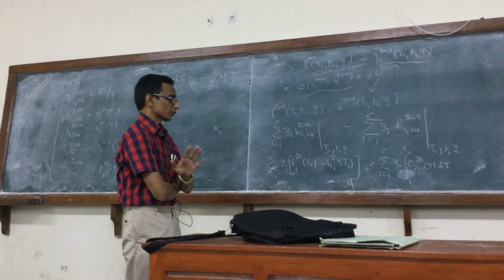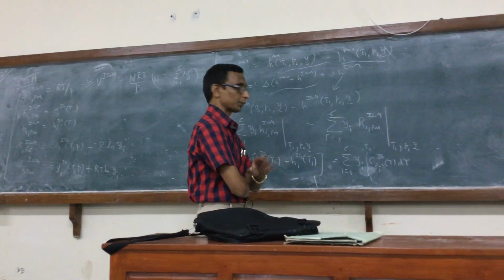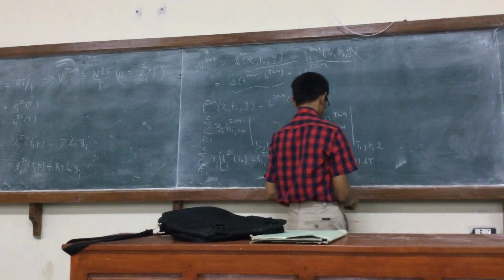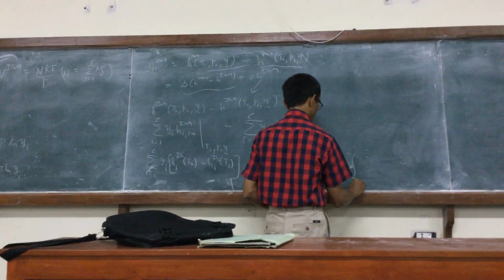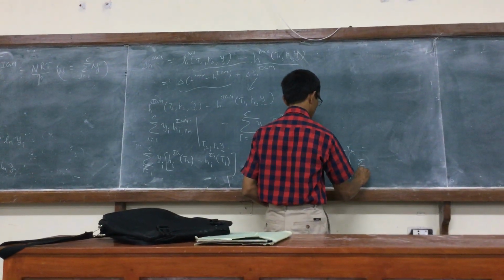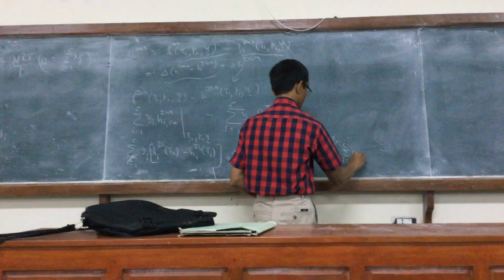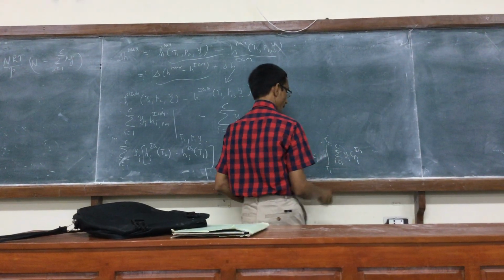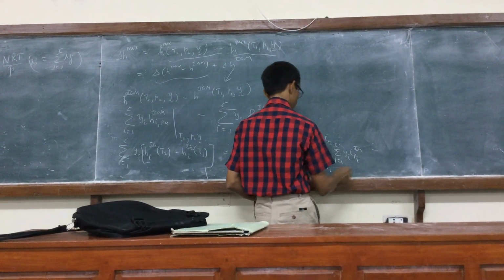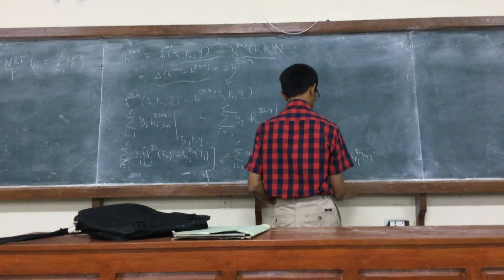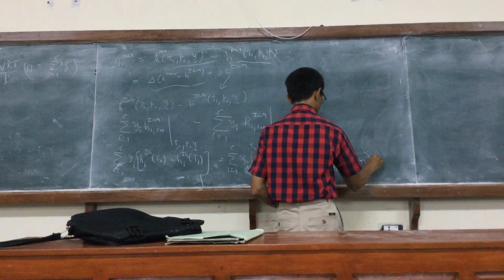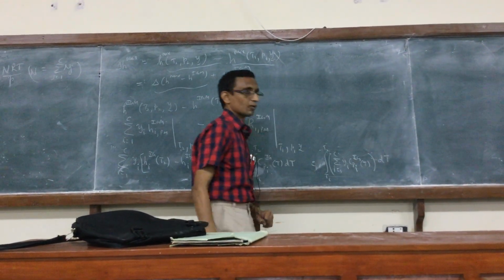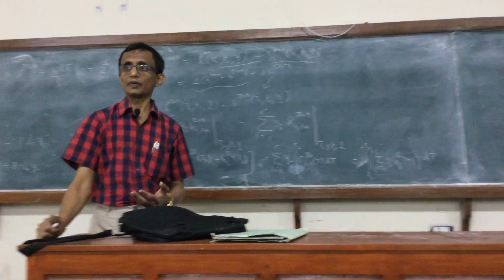I can also show that the sum and the integral can be interchanged, and I can write this as the integral from T1 to T2 of the sum over i of y_i C_P,i, which is a function of temperature. This is one way of writing it, another way of writing it.